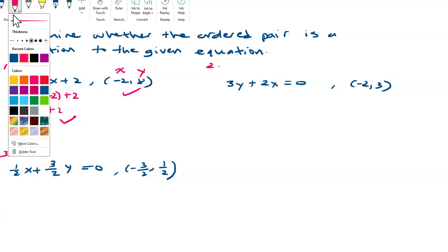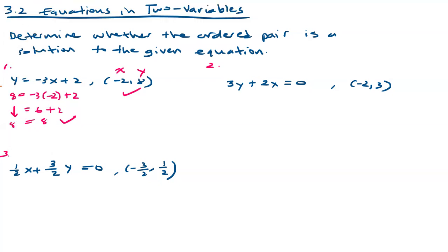Let's try the next one here. So for this one, we have negative 2 as our x and 3 as our y. So again, we just plug it in. So we get 3 times 3 plus 2 times negative 2 equals 0. 3 times 3 is 9, minus 4, because 2 times negative 2 is negative 4.